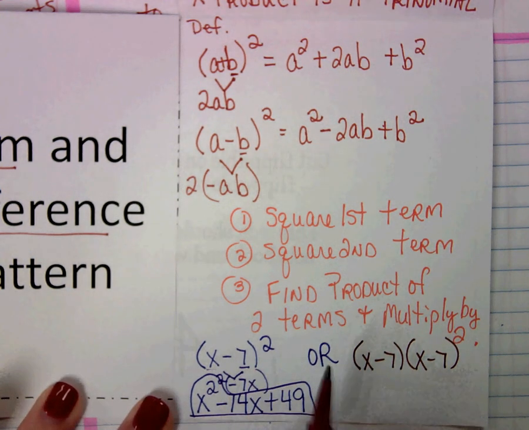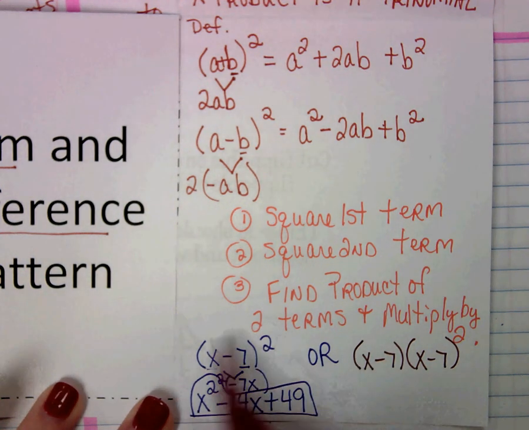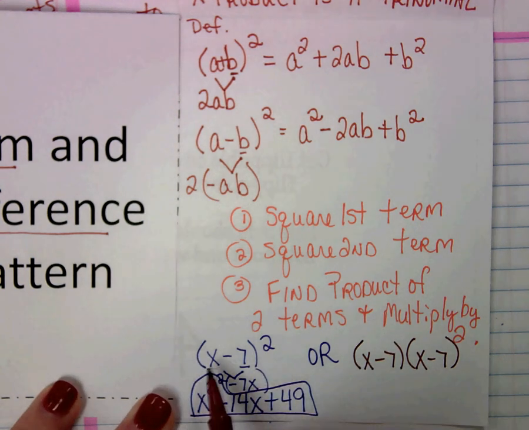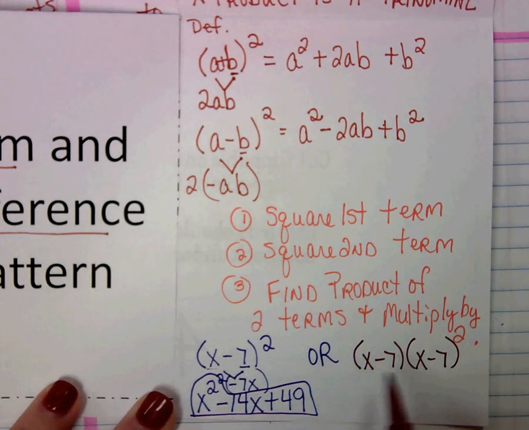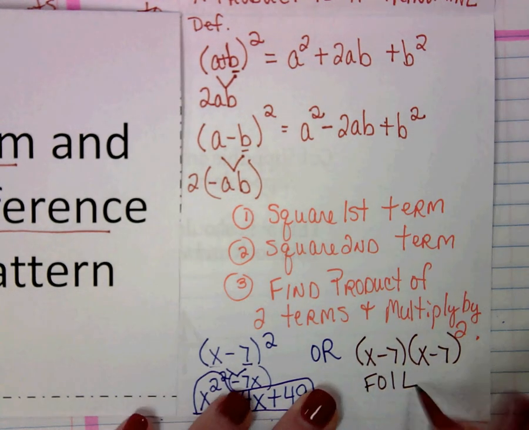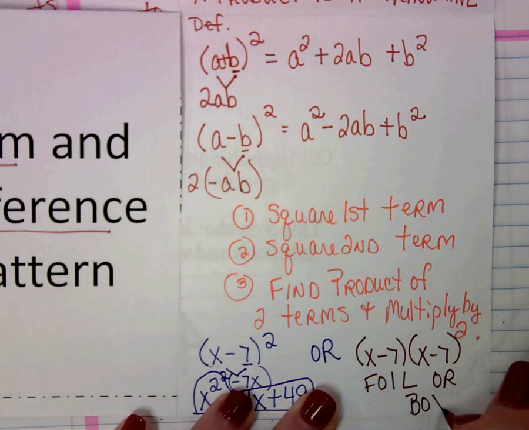And you cannot do that. We have learned no exponent rules that allow us to apply that exponent. x minus 7 squared means x minus 7 times x minus 7. And then we have to go through a whole different way of multiplying that. We could FOIL it, or we learned how to use the box method as well.